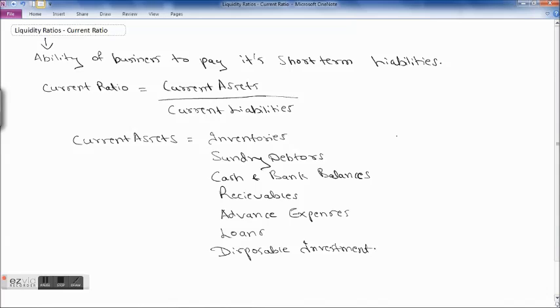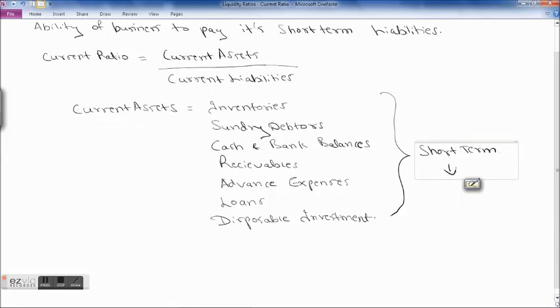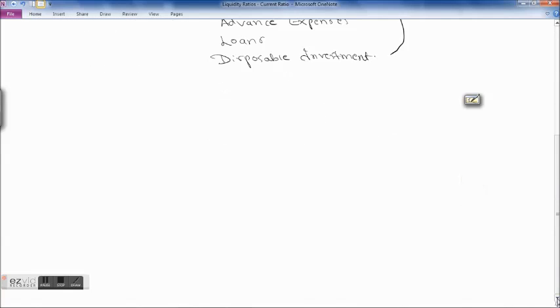So if you note, all these are your short term assets, which will be converted into cash or bank balances, or these are liquid assets which can be converted easily into cash or bank balances within a short period of time. Now if you see the denominator, what is it? Current liabilities.